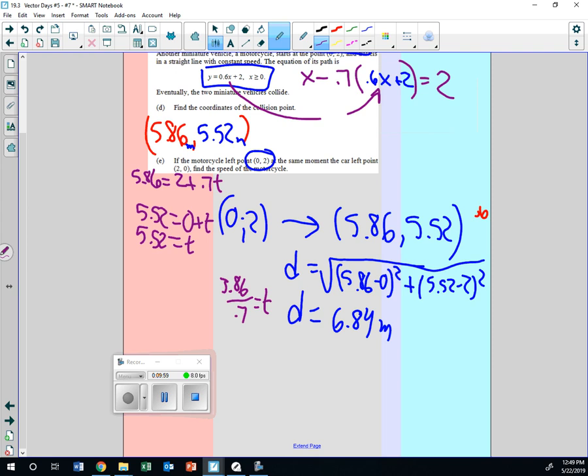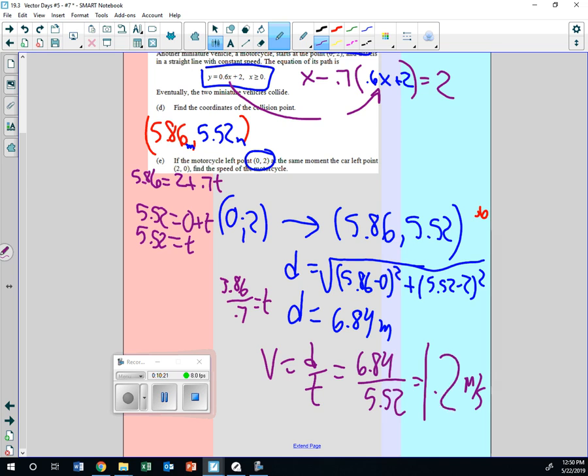So then the speed is the distance over the time, 6.84 over 5.52, and you'll get your speed in meters per second, which should be 1.2.